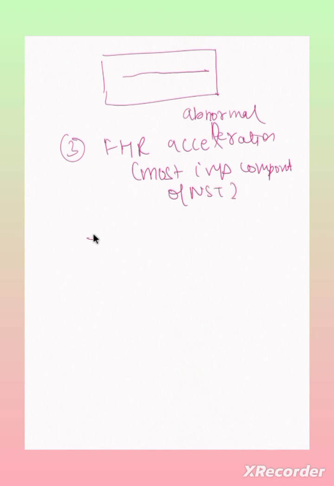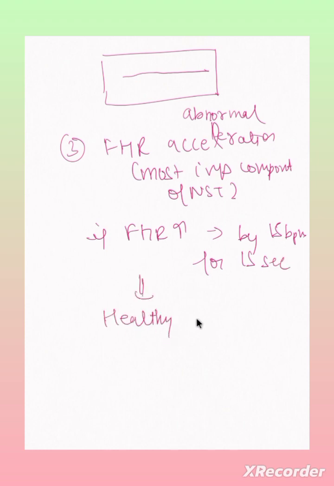So if fetal heart rate increases, as I've already told, by 15 beats per minute for 15 seconds, then it indicates a healthy fetus. So we are dealing with a healthy fetus if fetal heart rate acceleration is more than 15 beats per minute for 15 seconds. It is a good sign. Now the most important component is fetal heart rate acceleration.